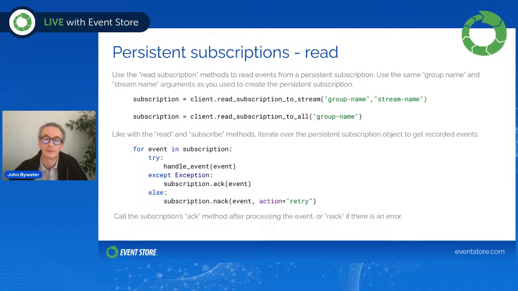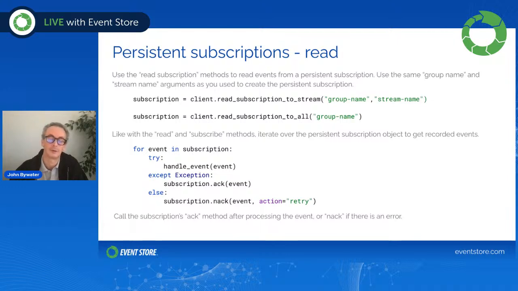And like with the read and subscribe methods, we can iterate over the persistent subscription object to get the recorded events. As we can see here, we have a try except block. We'll call a handler, and if there's an exception, then I've got this wrong way around. I'm sorry. If there's an exception, we'll nack first, and then if there isn't an exception, we'll ack.